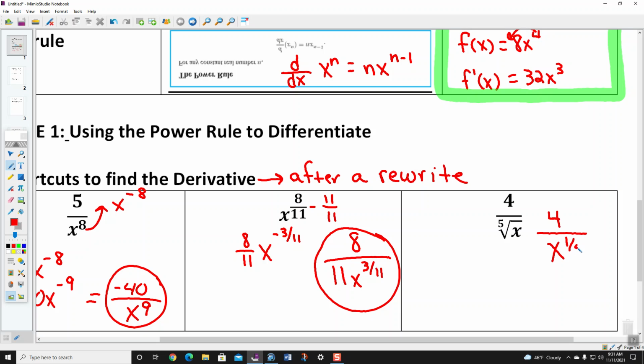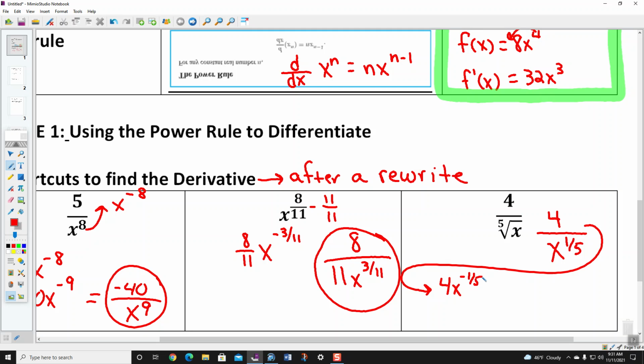But guys, I can't really use x to the 1/5 in the bottom, so we should probably move that up with the what? Top. And if I move that x to the 1/5 up top, what kind of 1/5 are you going to have there? Negative. So we're down to 4 times x to the negative 1/5 power.